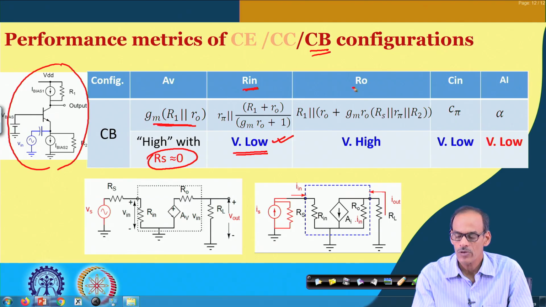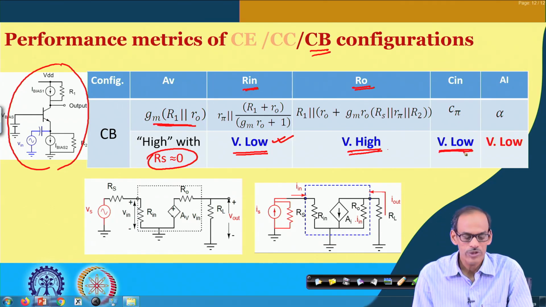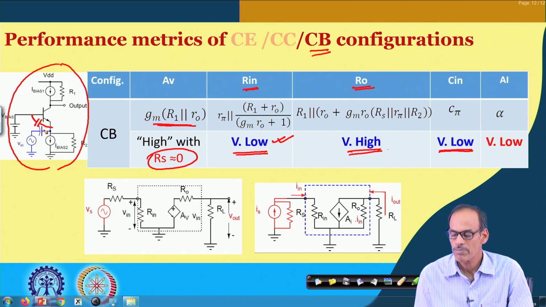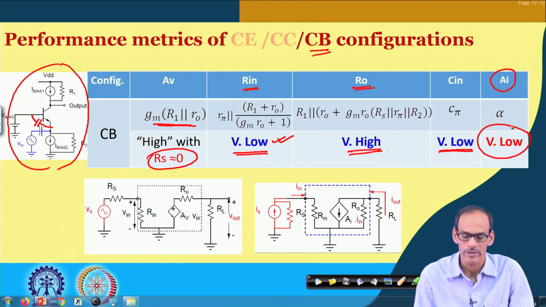On the other hand, the output resistance of the amplifier is very high, which also makes the circuit suitable for current mode signal at the output port. Its input capacitance is low, namely only C pi, and the current gain on the other hand is not good. In fact, theoretically it is less than 1, though very close to 1.